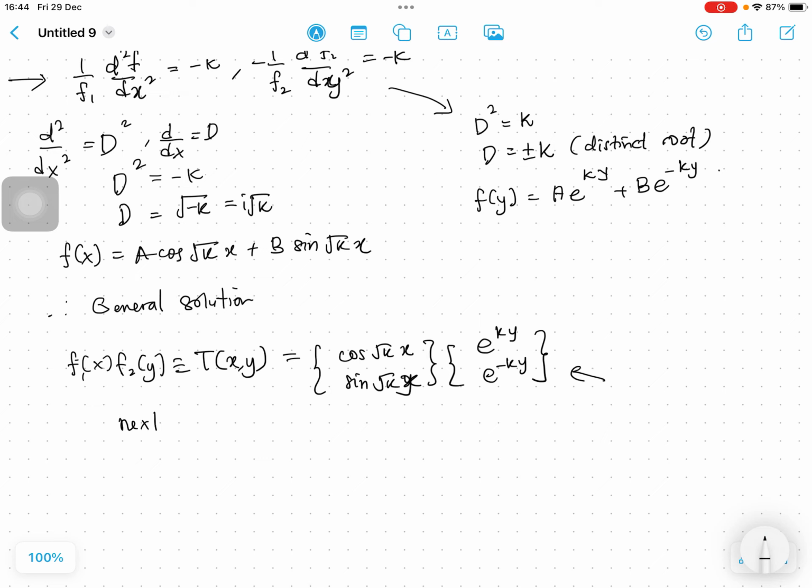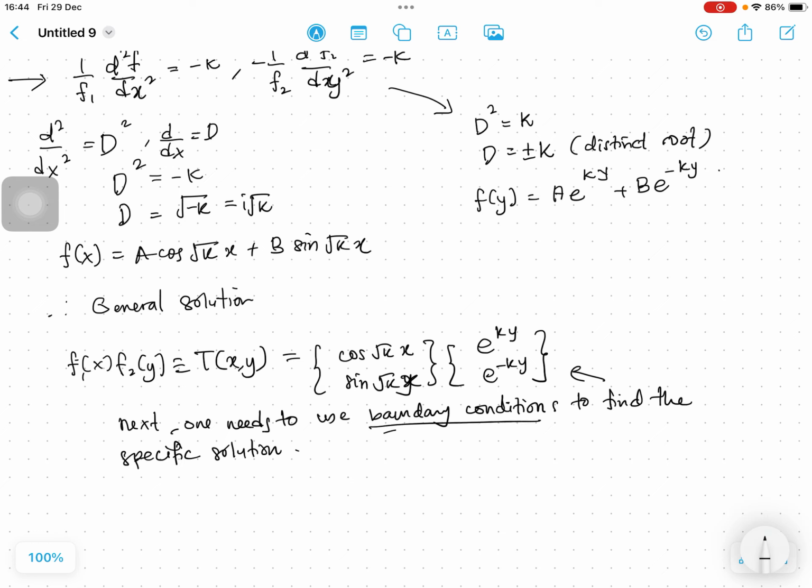The next step needs the use of boundary conditions to find the specific solution. Boundary of where? Boundary of your plate. We don't cover that here. So the objective is to arrive at the general solution. Thank you.